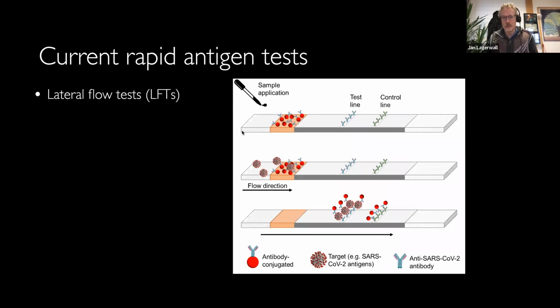So you probably all have used these rapid antigen tests by now. You may know how they work roughly. You put your sample on a paper strip, and this then flows along the paper strip, and you have these antibody-labeled gold nanoparticles that give a violet color.